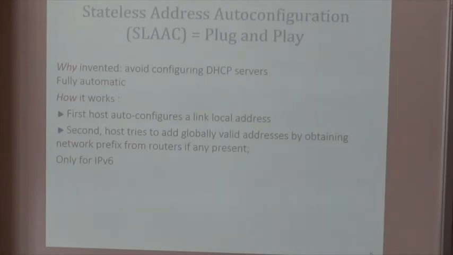What is your prefix? Also the network mask, which indicates which part of the IP address corresponds to the prefix, and your host part. But now, if you talk to a router, the router knows the prefix on which the link is, because the router is already configured. So the router can tell you what is the prefix. The only thing that the router cannot tell you is what is the host part.